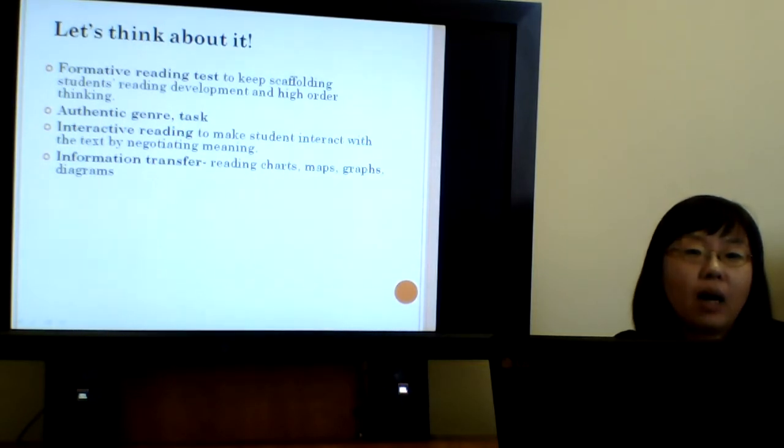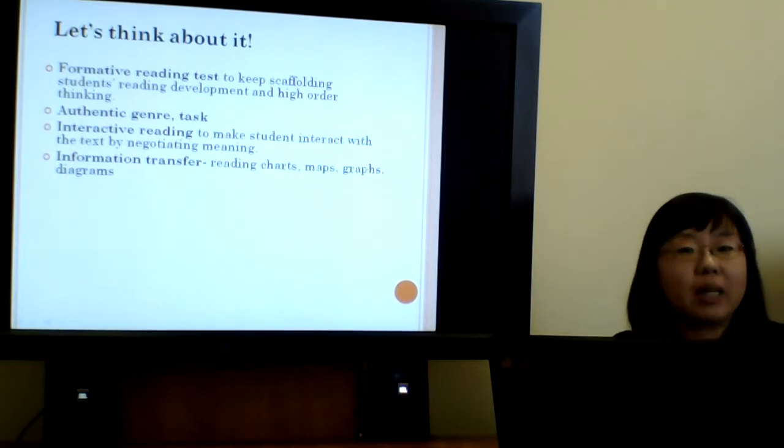So, as units describe various kinds of reading tasks, we need to think about the assessment objectives first to apply and select one of the reading tests. So we decided to use information transfer, which is one of the interactive reading tests, because we want to make students interact actively with the text by negotiating meaning.